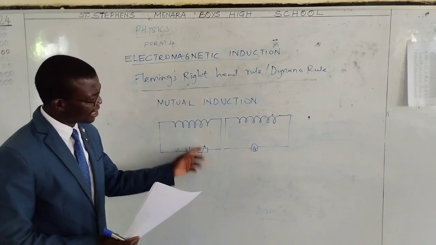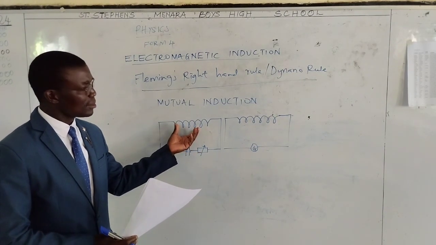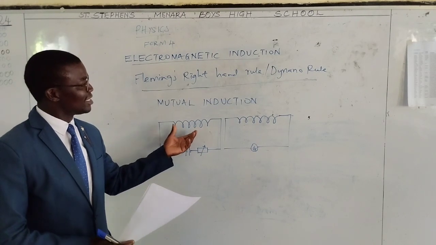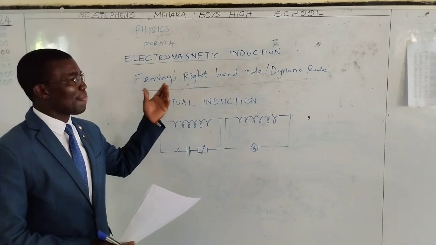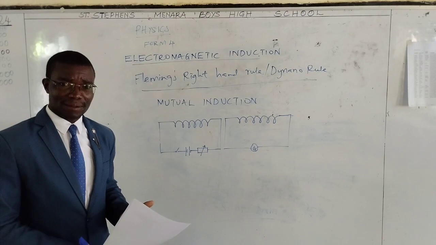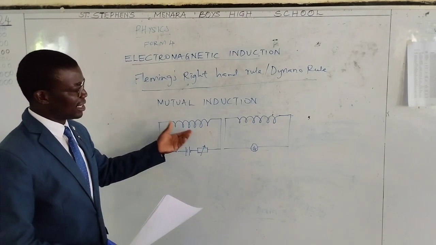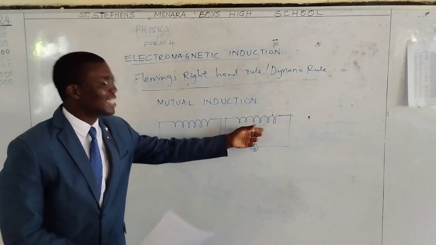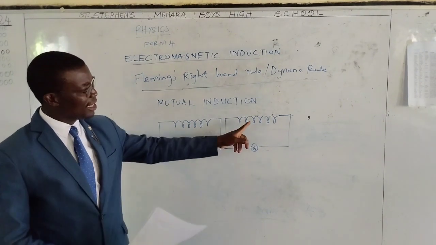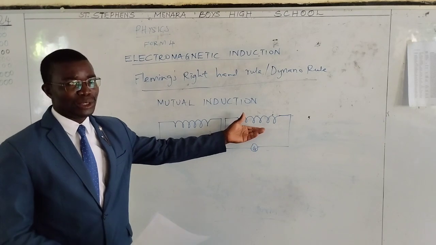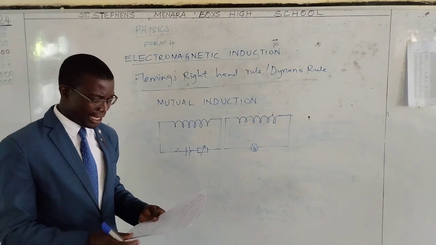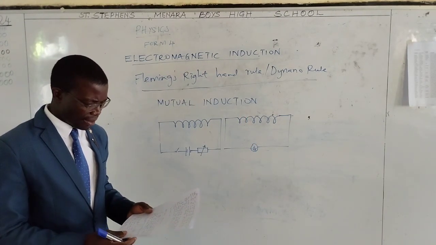So this change in current in this coil will cause changes in magnetic field. Whenever there is a change in magnetic field which is linking the other coil, EMF is induced in this secondary coil, causing induced current to flow.